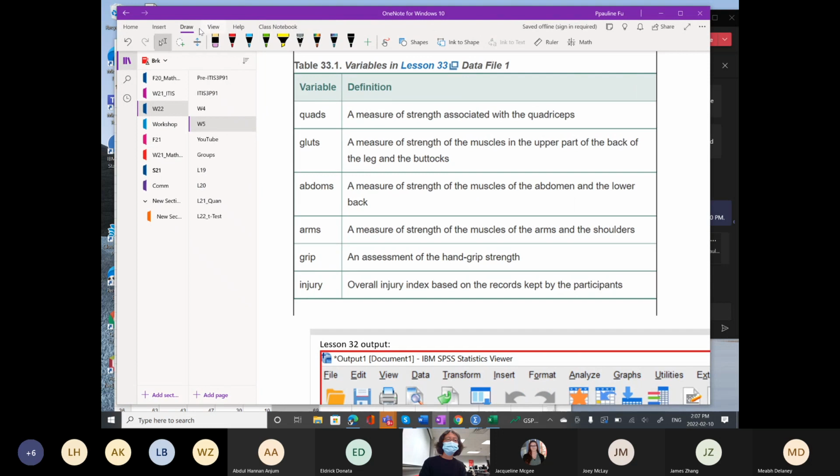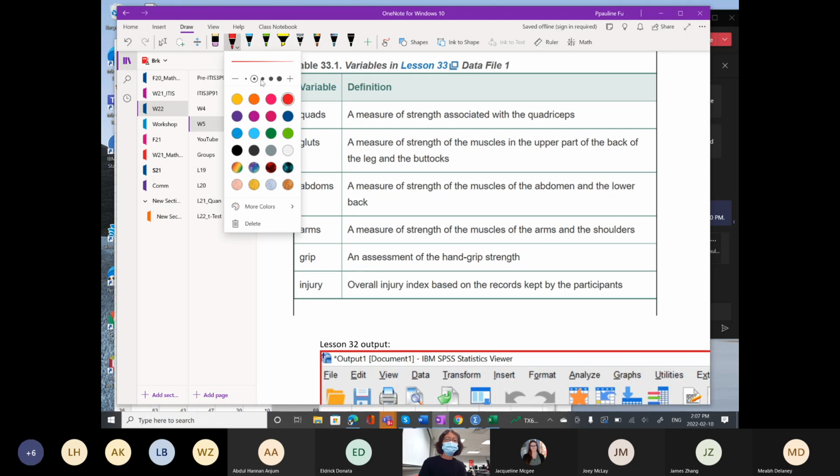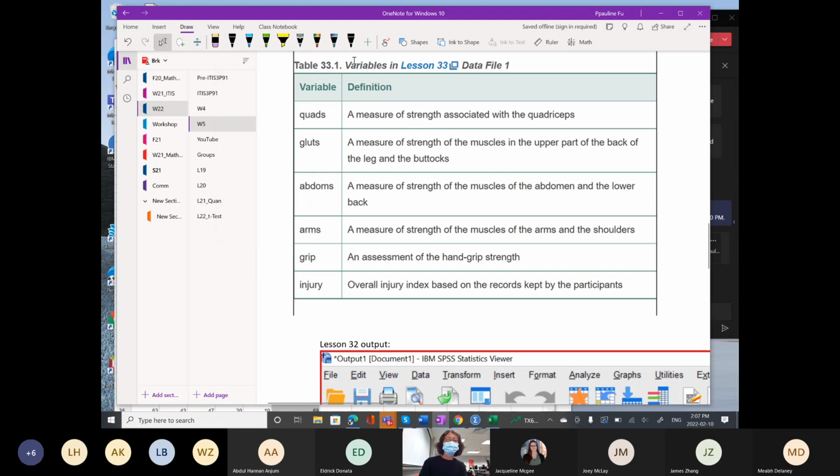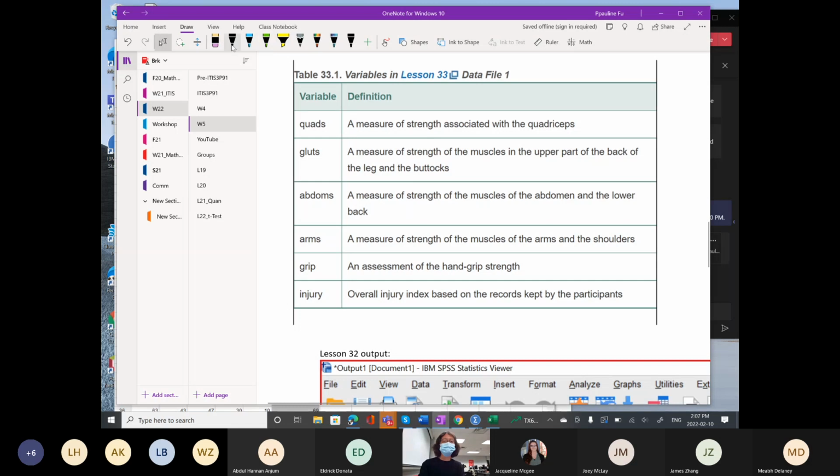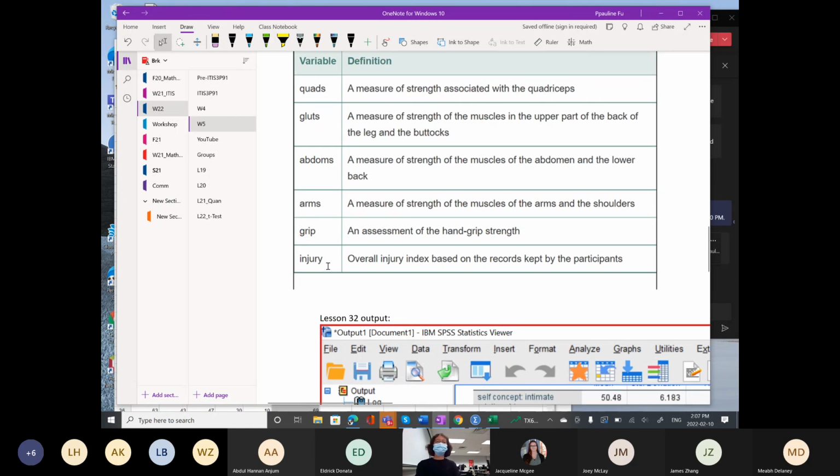And the other variables are different parts of the body, okay? Quads, glutes, abdomens, arms, grip.